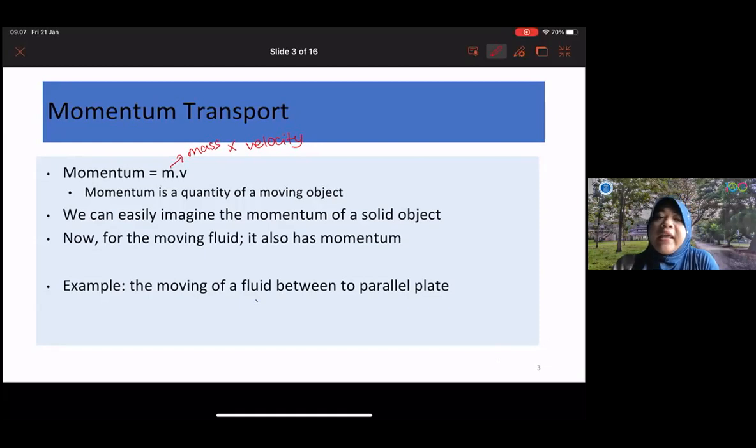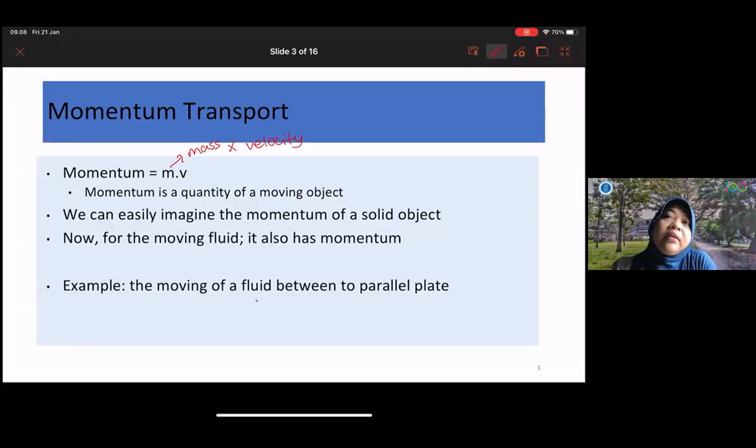We can easily imagine the momentum of a solid object. We can calculate the momentum of a car that is, for example, running at 60 kilometers per hour, and we know the mass, so we can calculate the mass multiplied with the velocity. But fluids also have momentum.